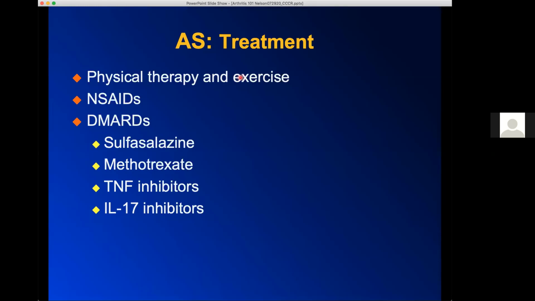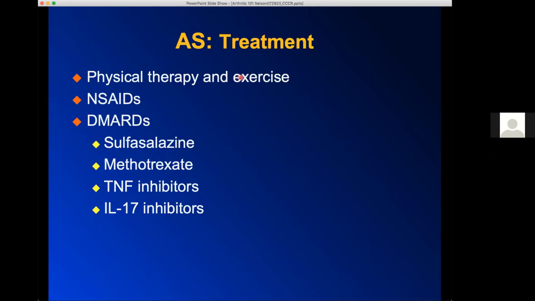We now have many additional therapies that can improve the outcome for these patients, which is really important, because you can imagine if people were getting this in their 20s and fusing over a period of 10 years, that's not a great prognosis. So NSAIDs work great for this. They're actually the first line therapy in all the guidelines, but they're often not enough. And so we think about DMARDs.